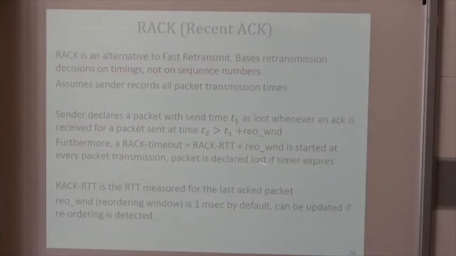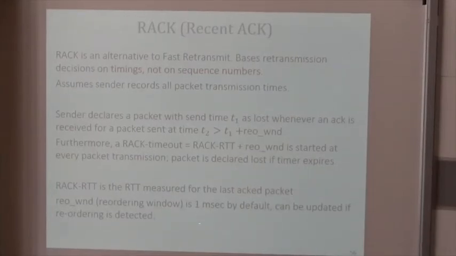So the reordering window is an upper bound on how much you think that reordering can be. Reordering means the time difference that is due to reordering. By default, if you use this option, it's set to 1 millisecond, which is a small number, but for high-speed networks, it's believed to be safe.